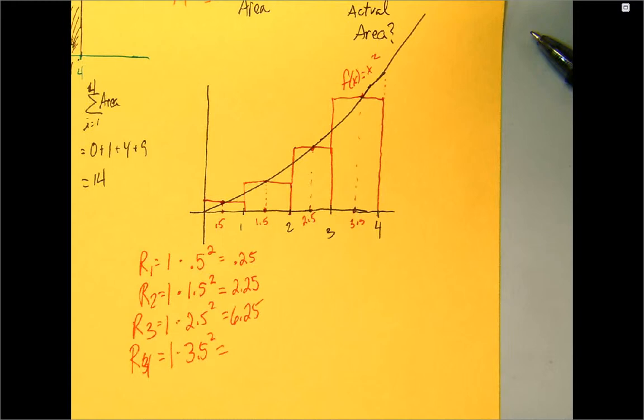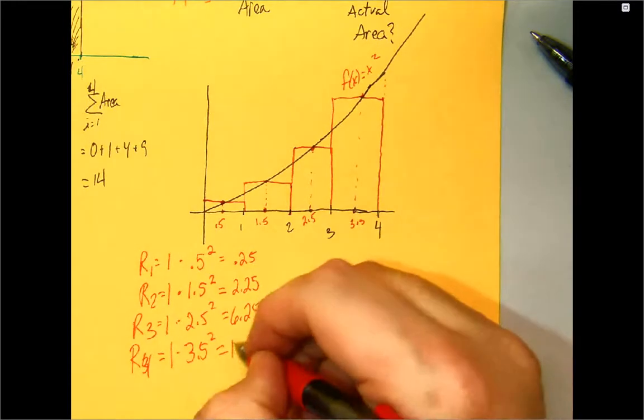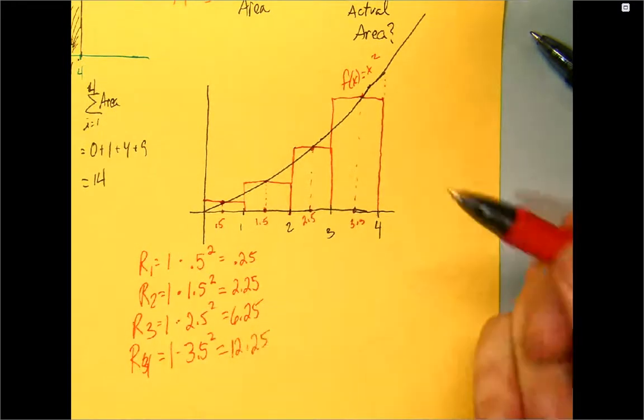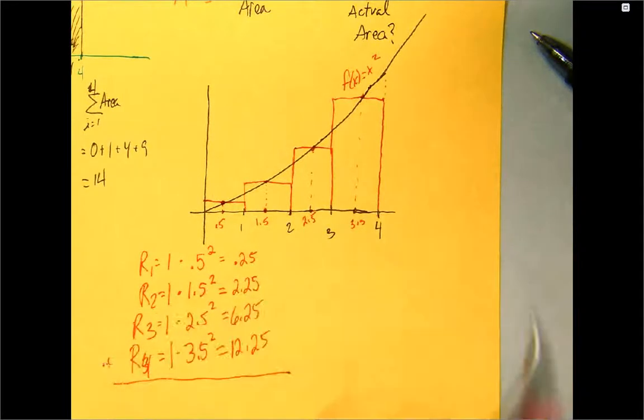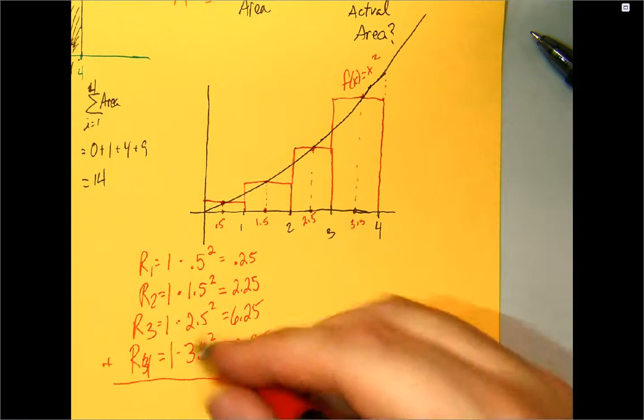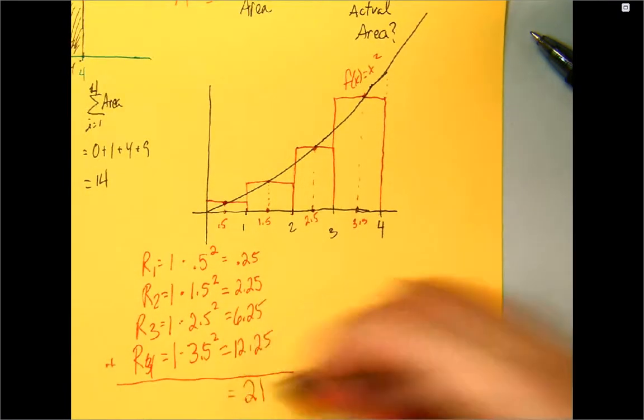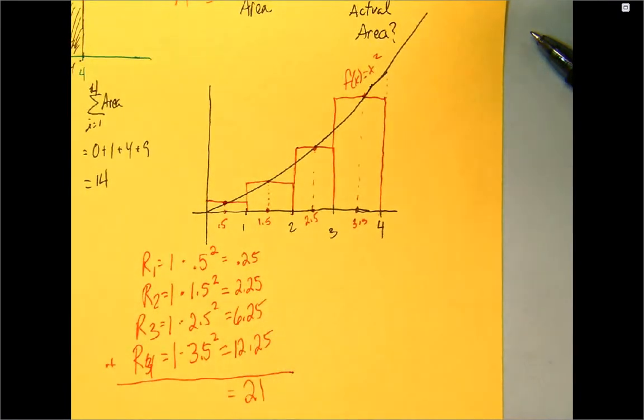Add these up. 0.25 plus 2.25 plus 6.25 plus 12.25. We get 21. So we got 21 units squared.